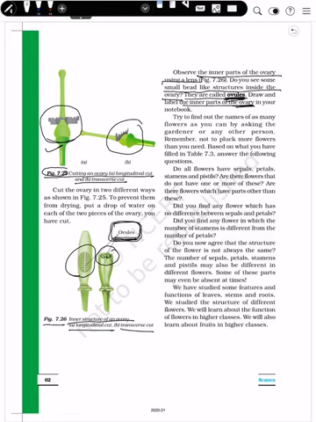Now we have seen different flowers have different parts. We have seen sepals, petals, stamens, pistil, the outer parts and the inner parts. Students, the number of sepals, petals, stamens and pistils may be different in different flowers.